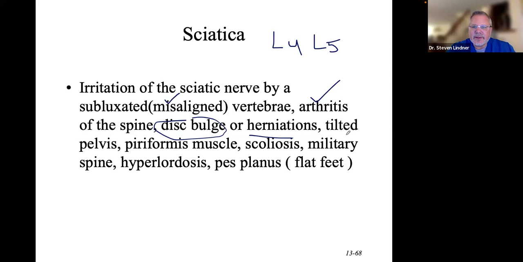Tilting of the pelvis, due to the orientation of the greater and lesser sciatic notches changing. The piriformis muscle could be hypertonic or in spasm. You can have a scoliosis. You can have a decreased lumbar curve, which is a military spine, or a hypolordosis or a hyperlordosis, and even pes planus, which is flat feet.